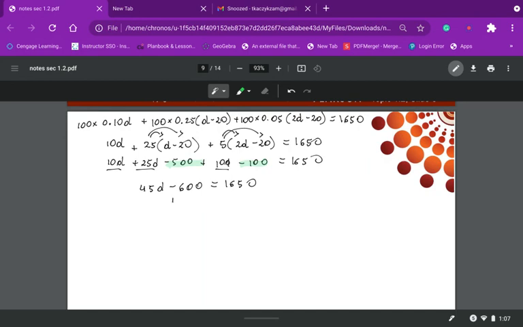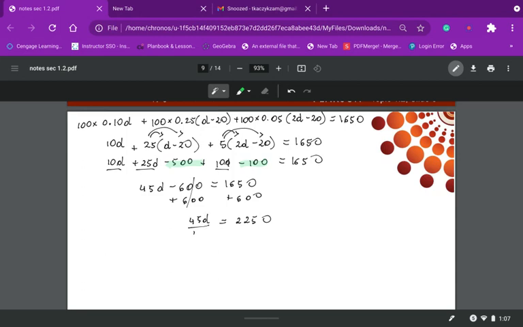We need to solve for D, so I'll add 600 to both sides. 1,650 plus 600 gives us 2,250, equals 45D.